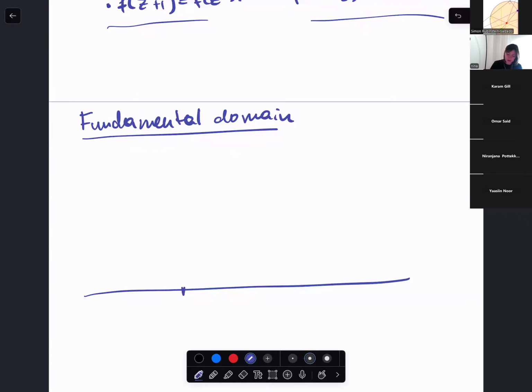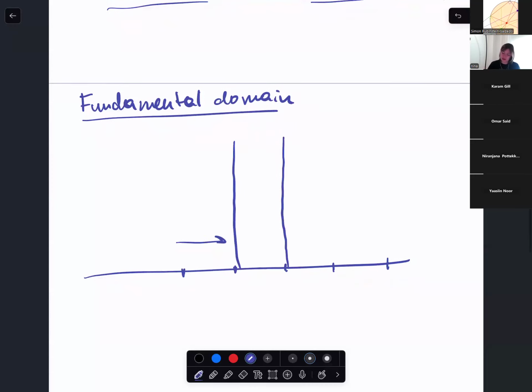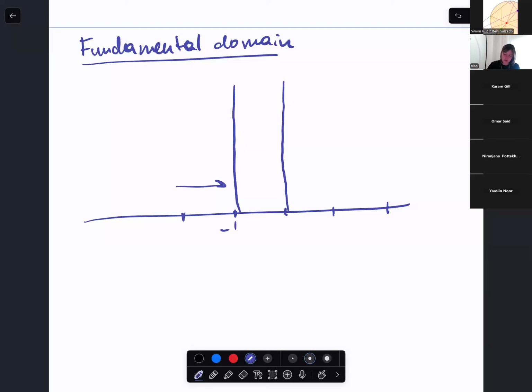We've already said that when you shift by 1 in this direction, the function comes back to itself. So if we want to understand what this function looks like, we only need to understand it on one horizontal strip, because for the rest of it, it will be the same. So we can take the strip from minus 1/2 to 1/2, and everything else is kind of redundant information once we impose these rules.